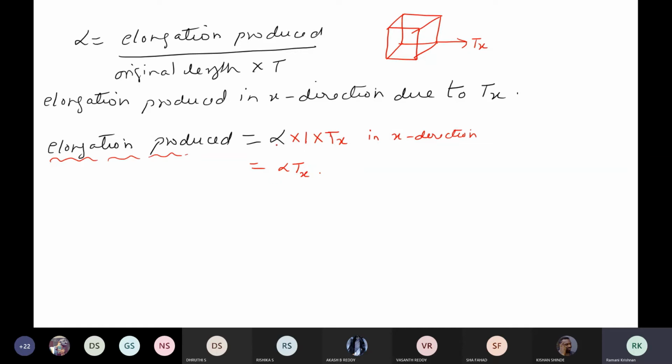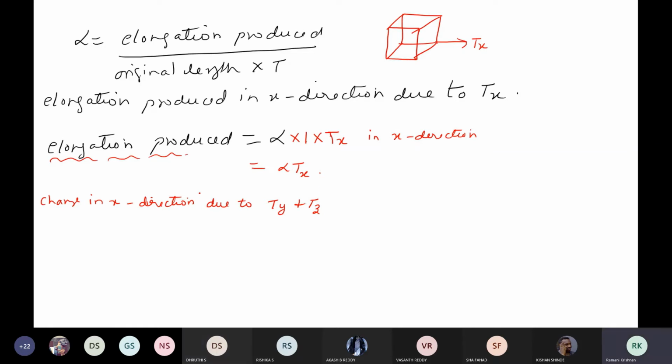Okay, now what is the change produced in the x direction, due to Ty and Tz? These two are acting perpendicular, so we'll be talking about expansion or compression, longitudinal strain, alpha or beta.